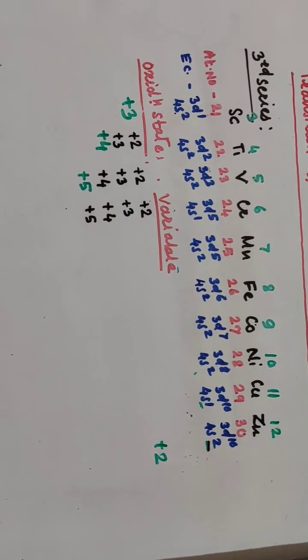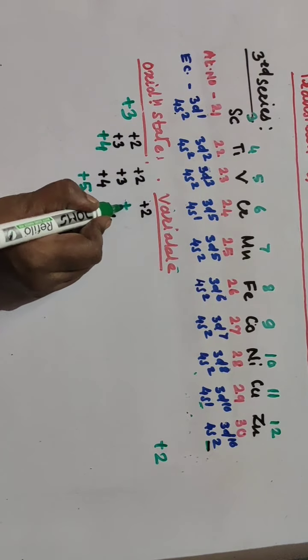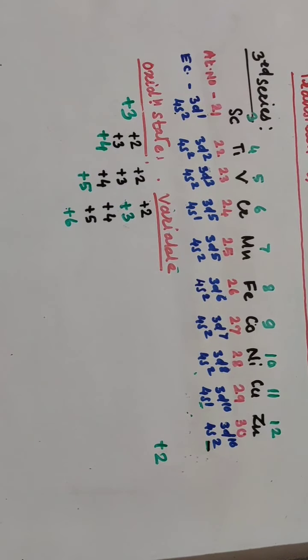Out of all these oxidation states, +3 and +6 are the stable oxidation states here. As 6 electrons are there in the outermost shell, it can remove all the 6 electrons and acquire +6 charge, or it can remove 3 electrons, 2 electrons from s orbital, 1 from d orbital, and acquire +3 oxidation state. And out of these two, +3 and +6 are stable.